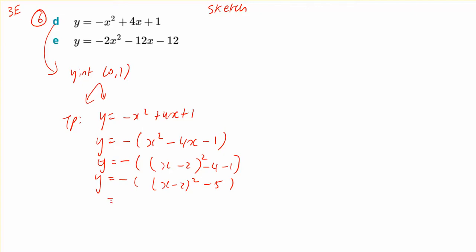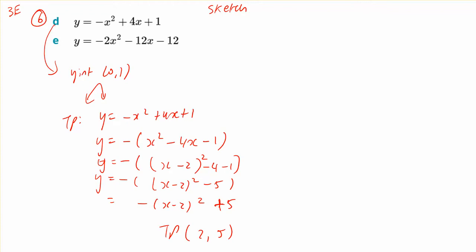Now I want to re-expand it, because I've simplified whatever's inside. I want to reintroduce the negative to both the terms, so this becomes negative (x minus 2) squared plus 5, like that. So what's happening here is that I've got a graph with TP (2, 5).